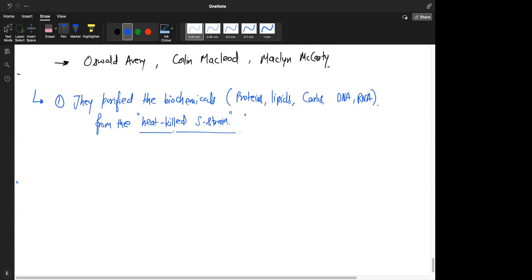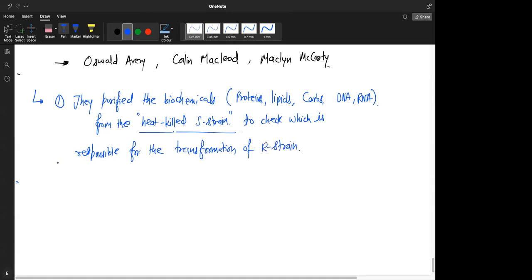Okay. So they purified these biochemicals, and then to check one by one which is responsible for the transformation of the R strain.